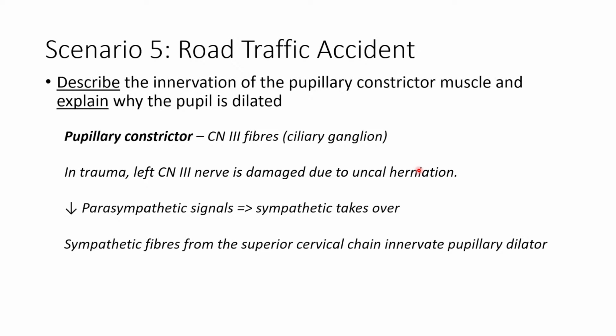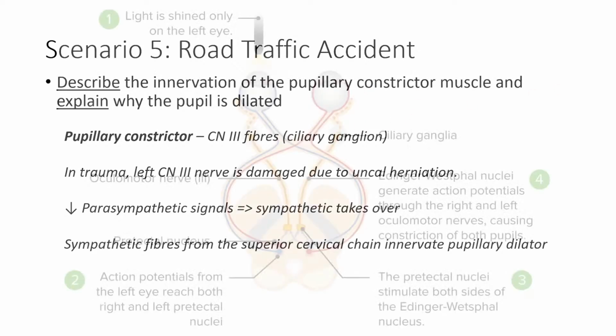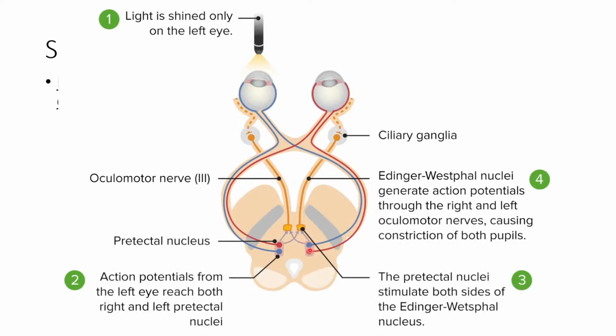It synapses at the ciliary ganglion. And the ciliary ganglion, I'll have a picture up of this later, is where it interacts with the pupillary constrictor muscle. So in the picture here, the Edinger-Westphal goes this way.